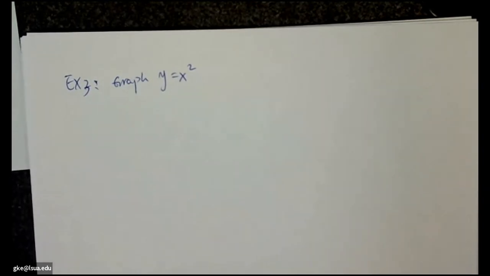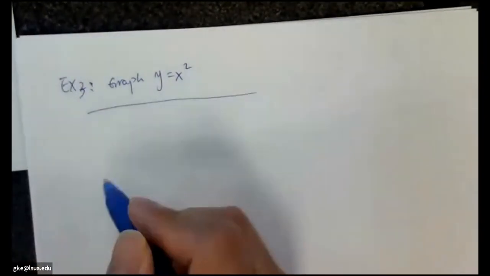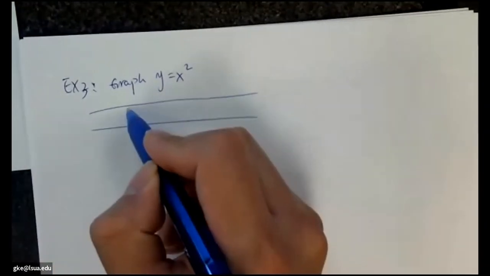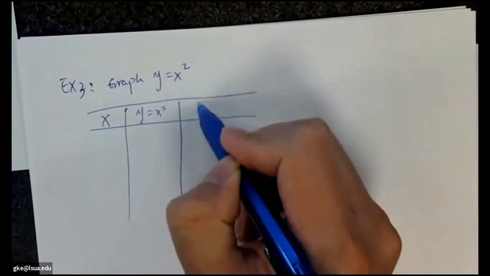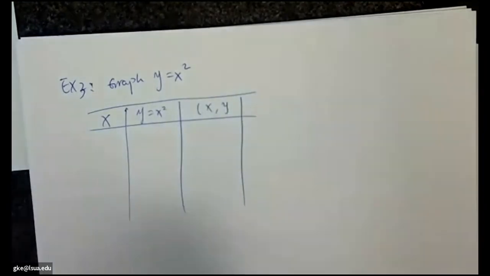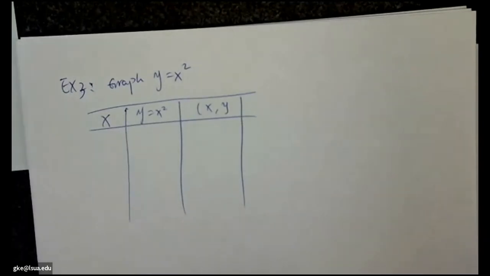Okay. So the best way to draw the picture is to use a table. Use a table to simplify the steps, and it will be much clearer to you guys. So let's take a look. We draw a table: x, y equals x squared, and (x, y). Okay, so let's pick x values. We start with the negative value because we want to be more general.